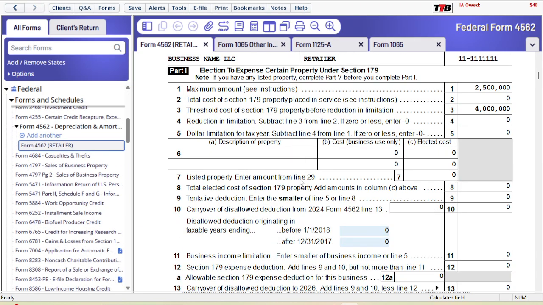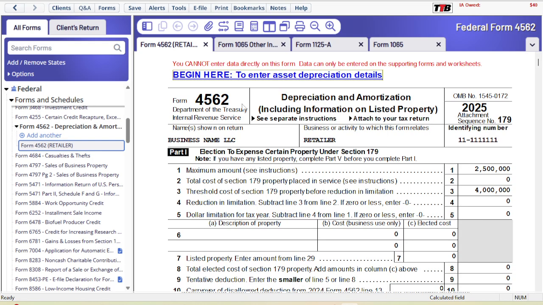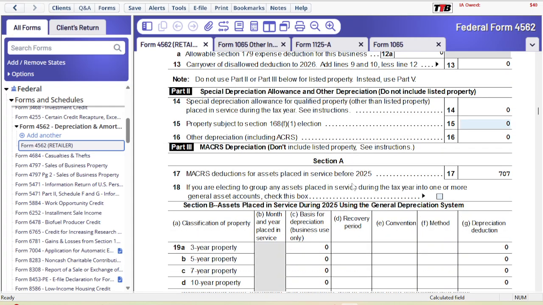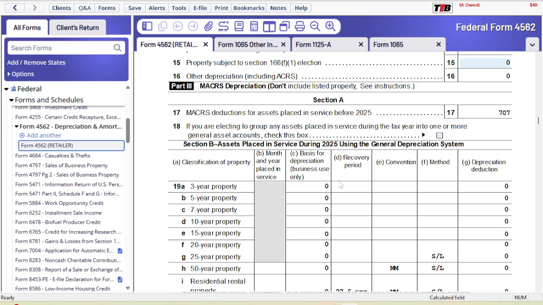But when we click on that, it's going to take us to Form 4562, Depreciation and Amortization. And that should be on Part 3, line 17, because it's prior year assets. No asset was purchased in 2025. If so, that will go on Form 4562, Part 3, line 19 area.